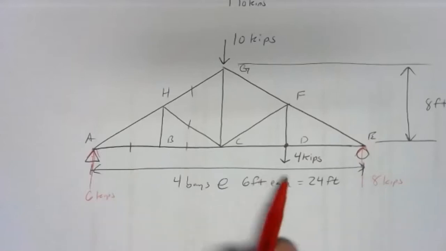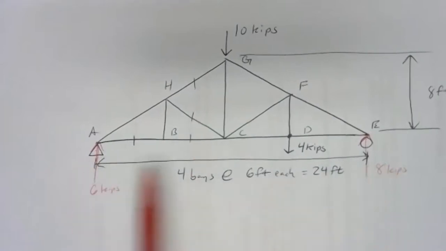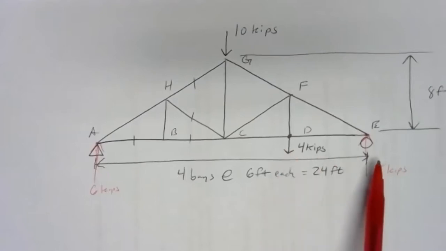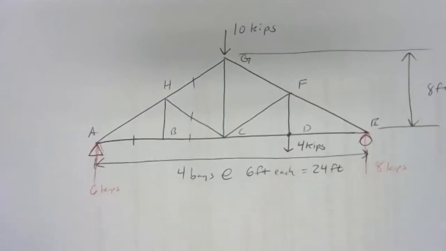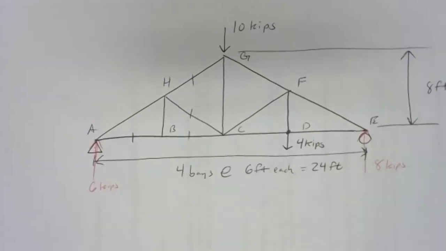We got 10 kips up at the top. We have 5 kips. We'd expect 5 kips on each side. But that 4 kips throws it out of balance and requires that there be more force on the right side than the left. So that's why we see an imbalance here, 6 kips on the left and 8 kips on the right.